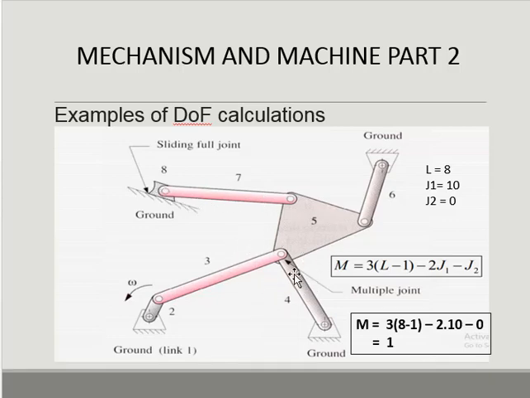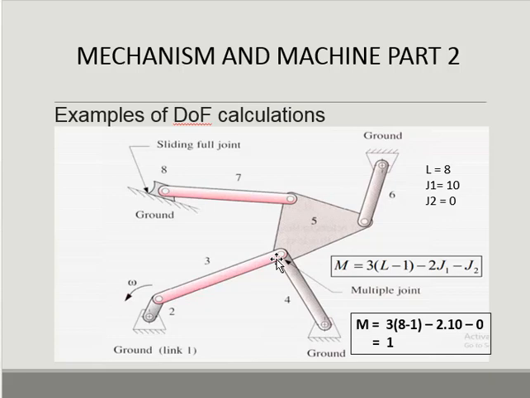This is a physically coincident joint. It has two joints, but basically one joint, but kinematically it has two joints. So we can count two joints for G1.